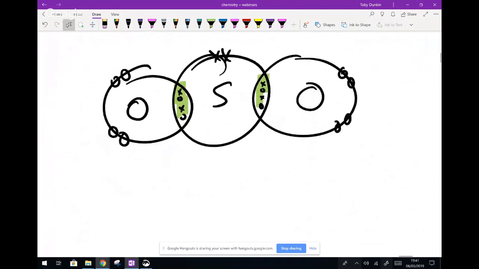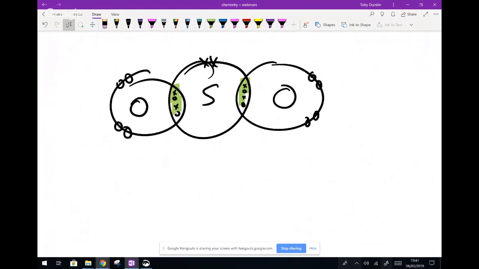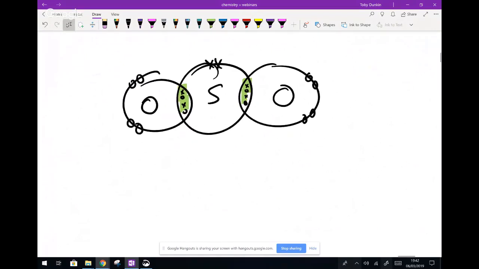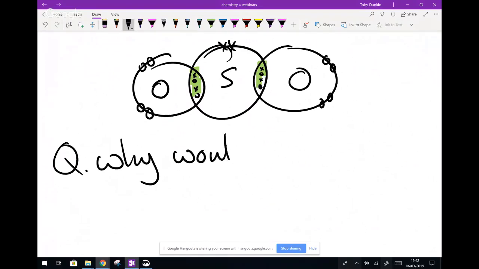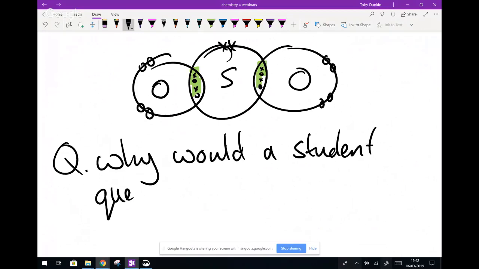Now, the reason why I mention this is because it has appeared once at GCSE, just once. And they gave you that diagram. And the question said, why would a student question the above structure?